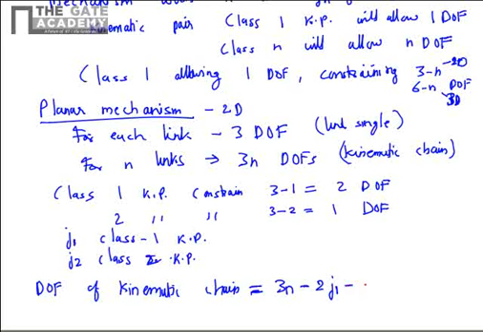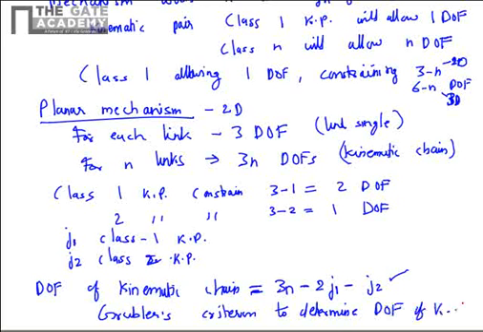Similarly, a class 2 kinematic pair will constrain 1 degree of freedom, and hence we have to subtract 1 degree of freedom from the total degrees of freedom of the kinematic chain. So 1 multiplied by number of class 2 kinematic pair. So J1 and J2 are numbers. J1 is number of class 1 and J2 is number of class 2. So this is called the Grubler's criterion to determine degree of freedom of kinematic chain.